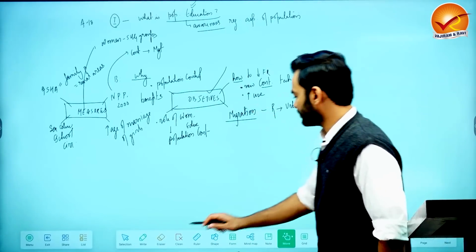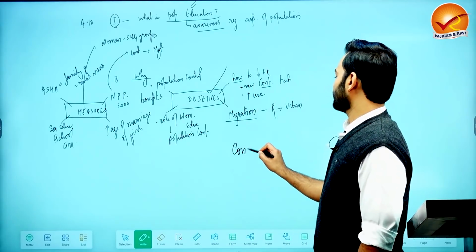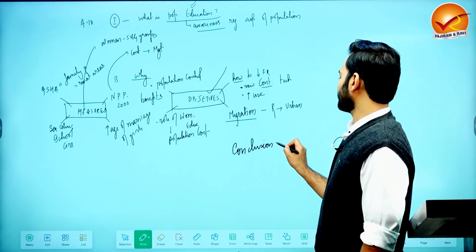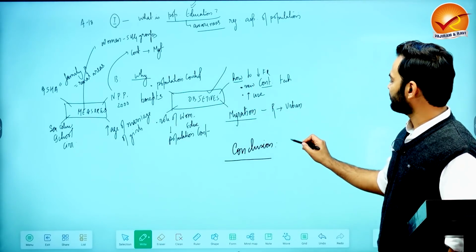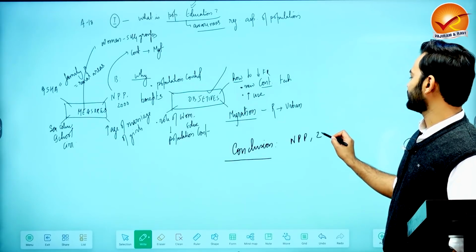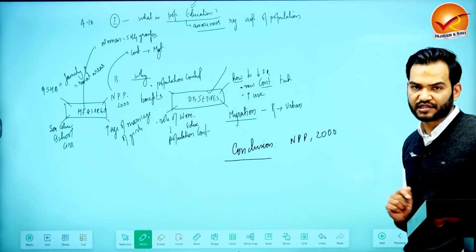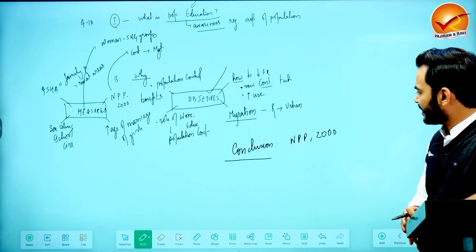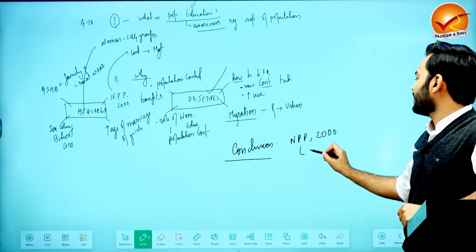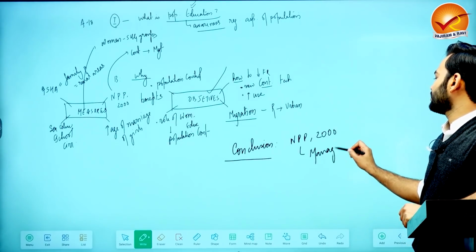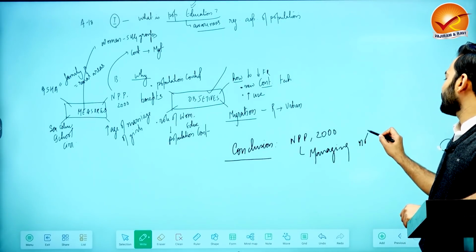And in conclusion, that the government must implement National Population Policy 2000 in the right spirit, by managing the population, not controlling it.